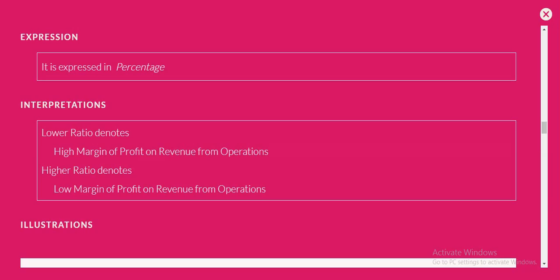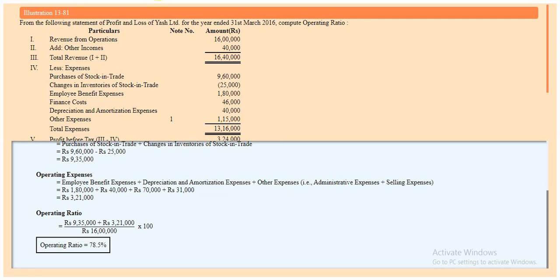Let us see the illustration for operating ratio. It is illustration number 81. They have given a profit and loss statement and they have asked us to compute the operating ratio. Let us just go through the profit and loss statement. Revenue from operations, to that they are adding the other incomes, and then total revenue, which is this plus this, less expenses.